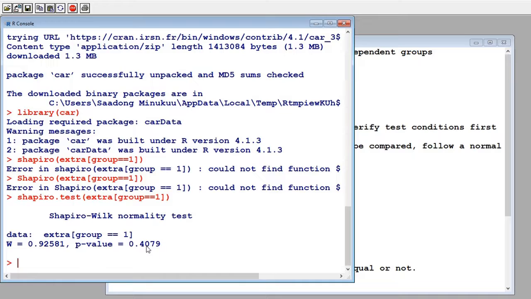Our p-value is greater than 0.05, which means we cannot reject the null hypothesis, which suggests that the extra hours of sleep within the group of 10 individuals that took soporific drug 1 follows a Gaussian distribution.